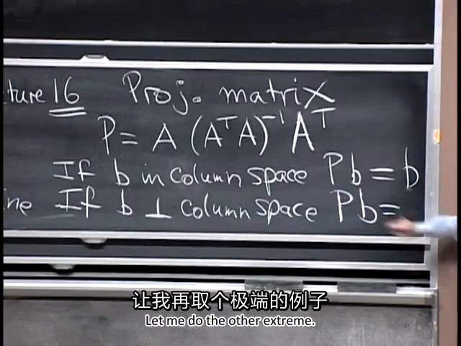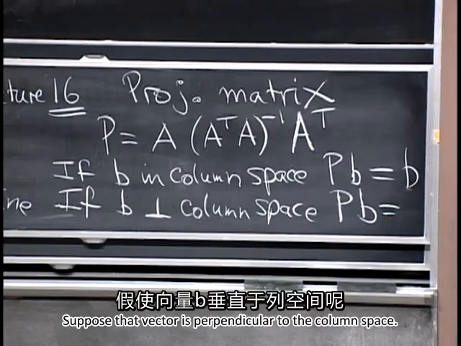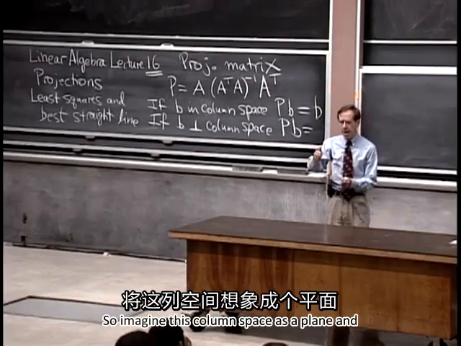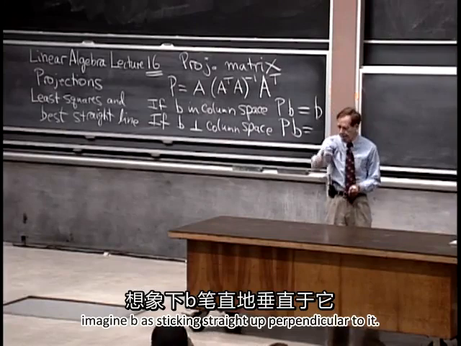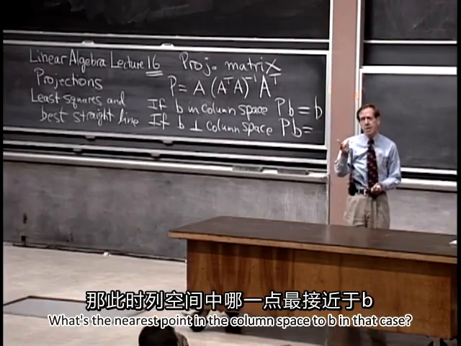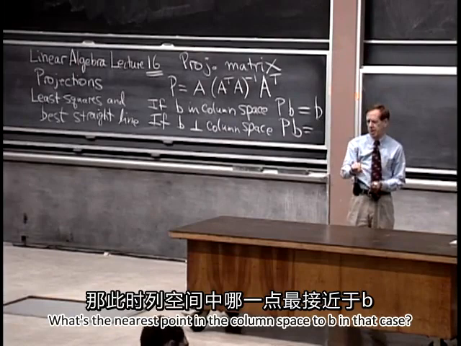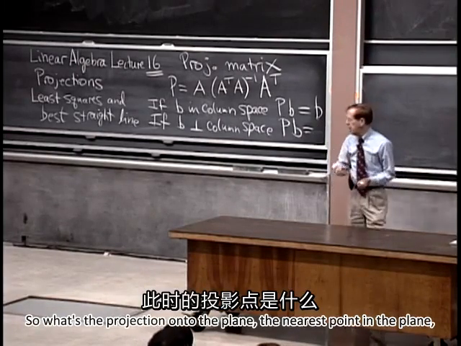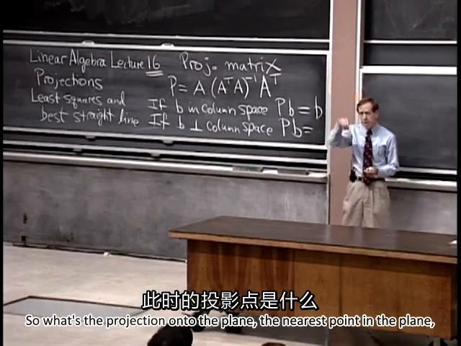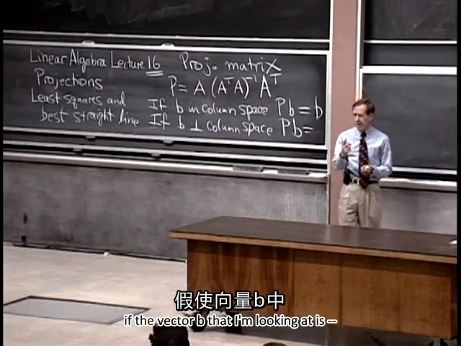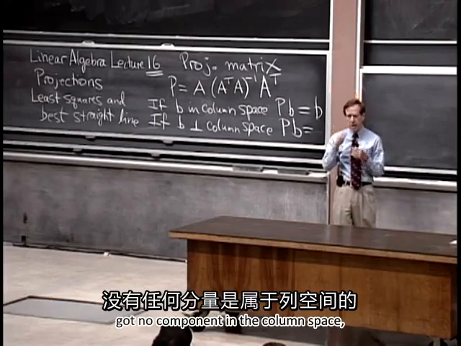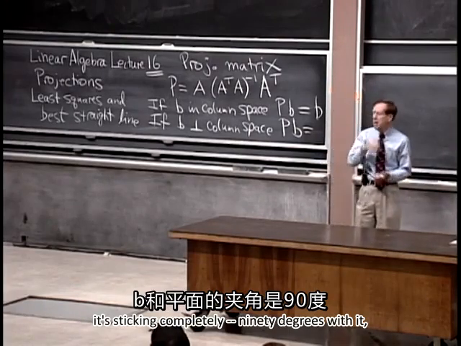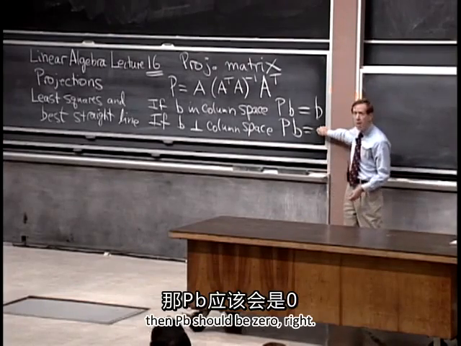Let me do the other extreme. Suppose that vector is perpendicular to the column space. So imagine this column space as a plane, and imagine b is sticking straight up perpendicular to it. What's the nearest point in the column space to b in that case? If the vector b has no component in the column space, it's sticking completely 90 degrees to it, then Pb should be 0.